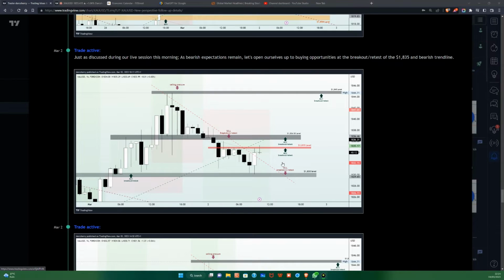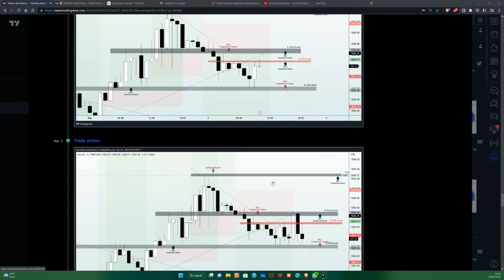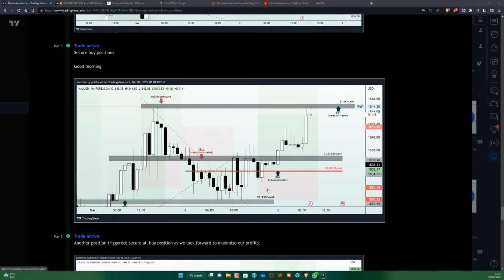I said we would be anticipating a buy position if price action breaks out of that structure, and if possible, a breakdown of the 1,830 will definitely welcome selling positions here. So with buy stop and sell stop orders placed at the structure respectively, we expected one of the two to be triggered. And what do we have here?